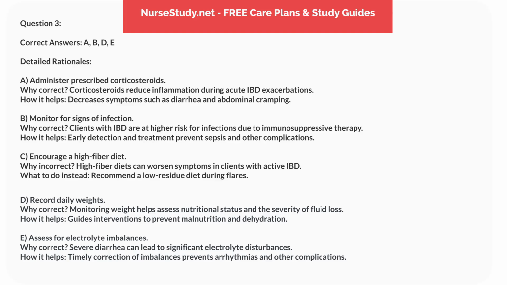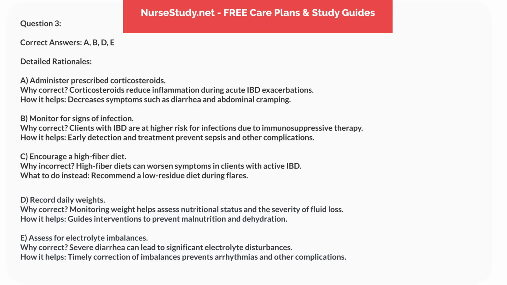C. Encourage a high-fiber diet. Why incorrect? High-fiber diets can worsen symptoms in clients with active IBD. What to do instead: recommend a low-residue diet during flares. D. Record daily weights. Why correct? Monitoring weight helps assess nutritional status and the severity of fluid loss.